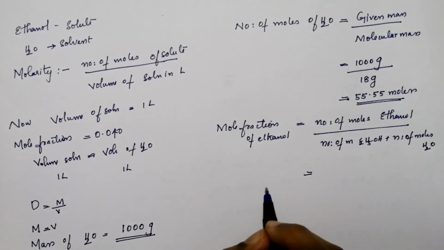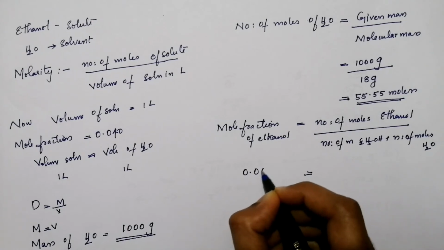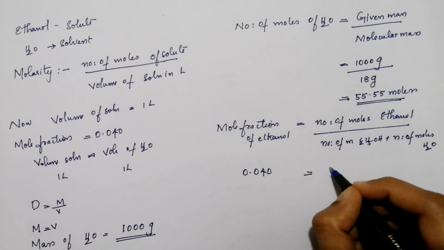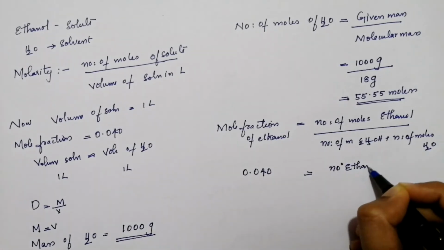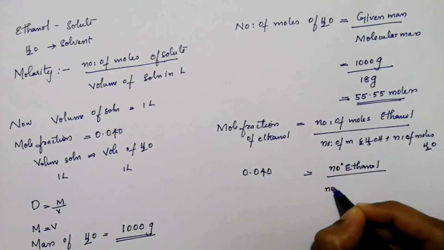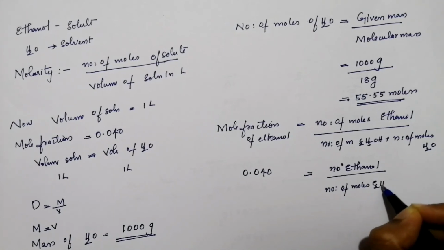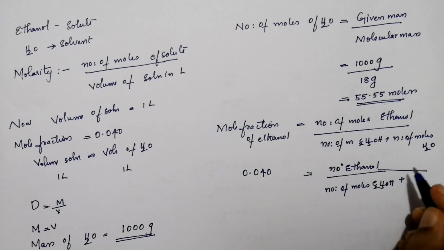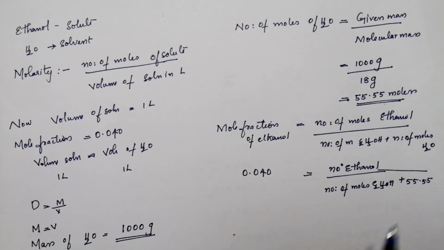Now let us put the values that we already know. We know that the mole fraction of ethanol is 0.040. This value is given in the question. Now we don't know this value of number of moles of ethanol. So let us keep it there, divided by number of moles of ethanol. We can keep it there, and then we can substitute the number of moles of water, which we have calculated as 55.55, to find what is the number of moles of ethanol.